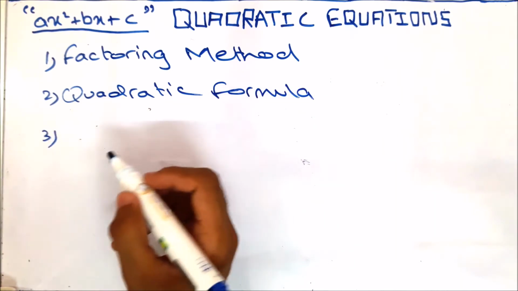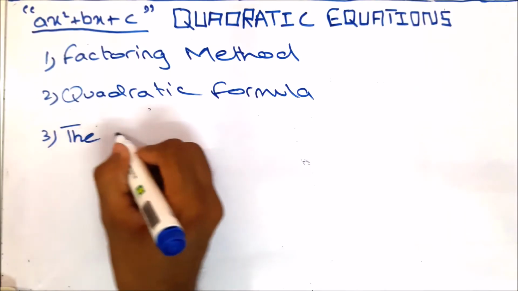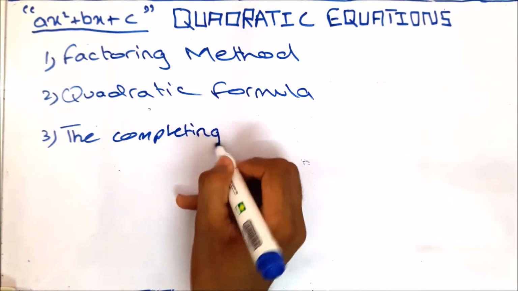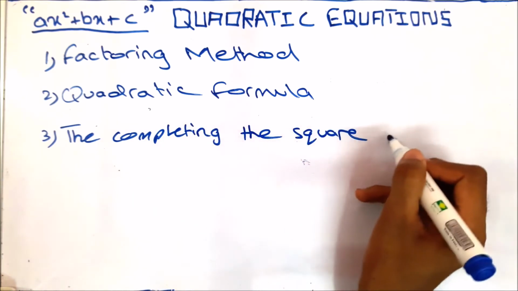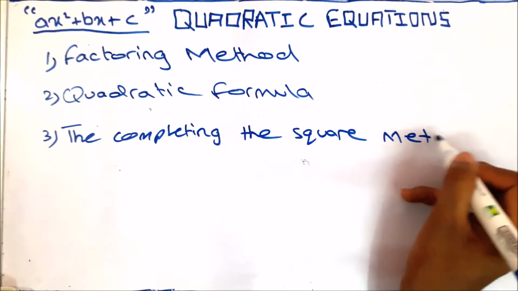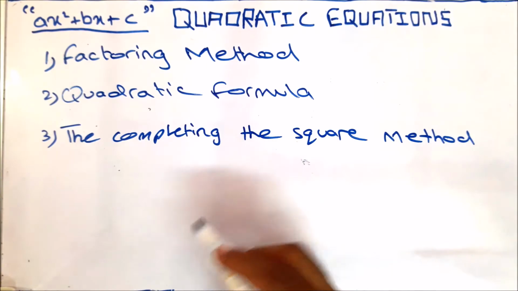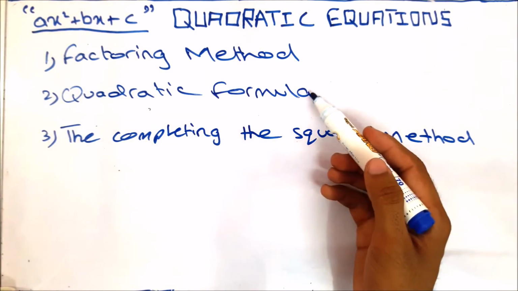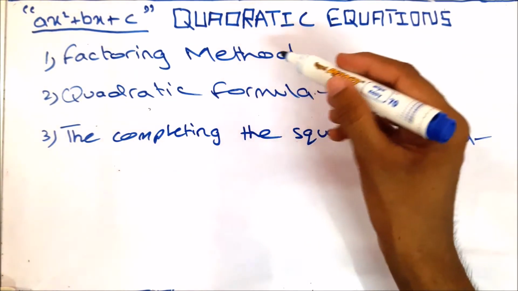And the third is the completing the square method. This method is rarely used and only used in some cases because it's a bit difficult. We will cover these in 2 separate videos, the second and third, and now we will do the factoring method.